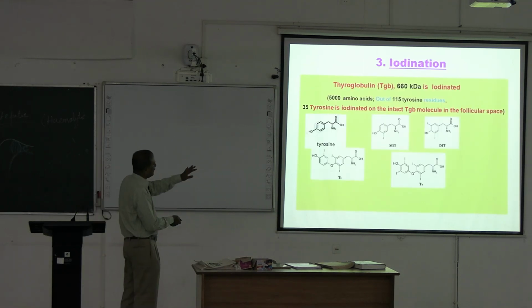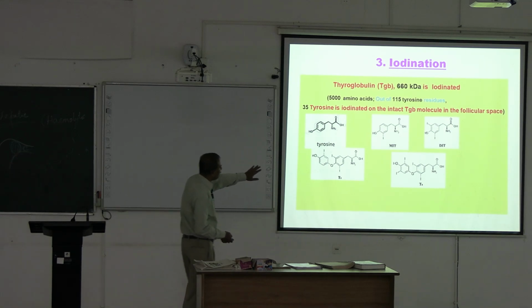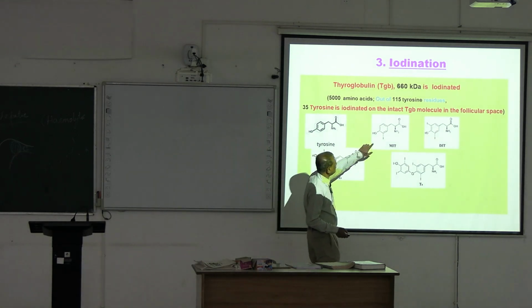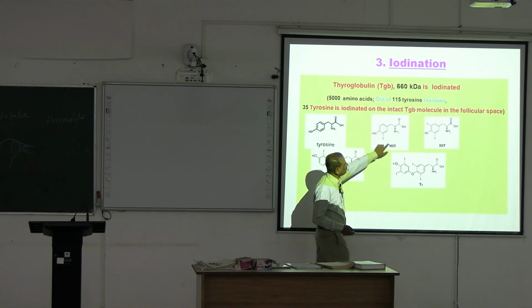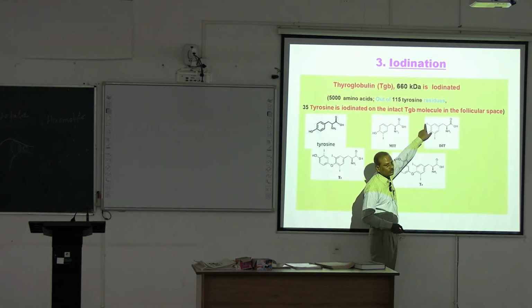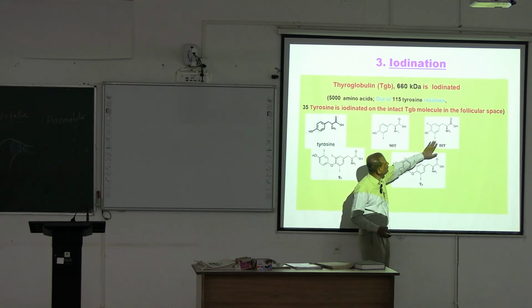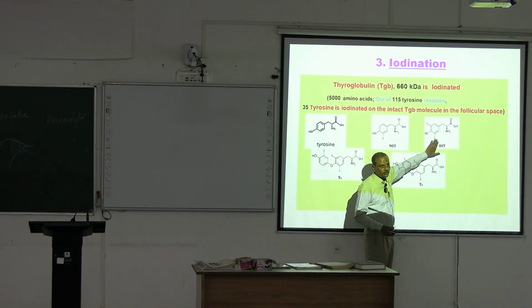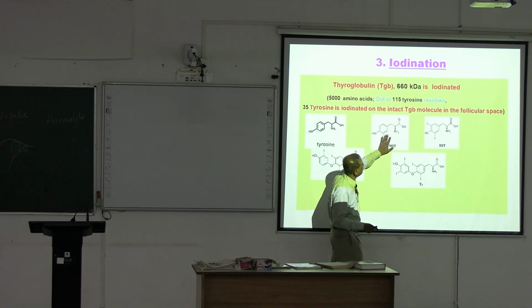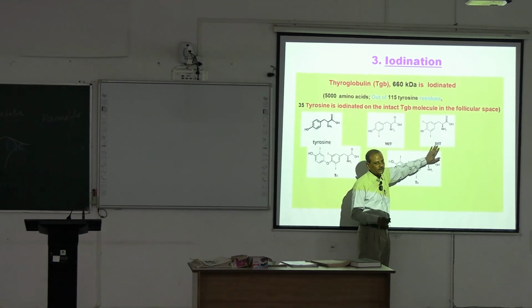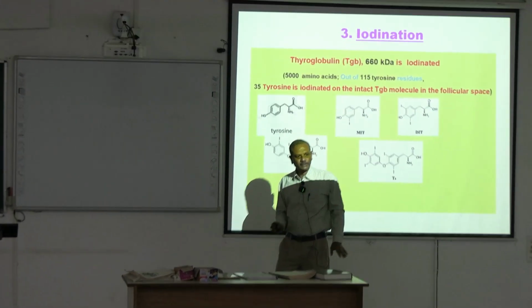So, iodination is there. That molecule I told you, MIT, is monoiodotyrosine, that is, one iodine molecule is here, and this is diiodotyrosine because two molecules are there. When these two combine, they form T4, which has 4 iodine atoms. And when one molecule of MIT and one molecule of DIT combine, it is called triiodothyronine.